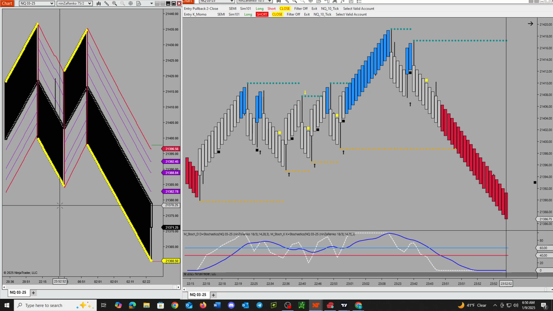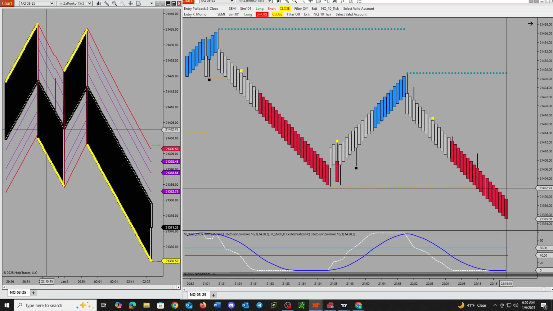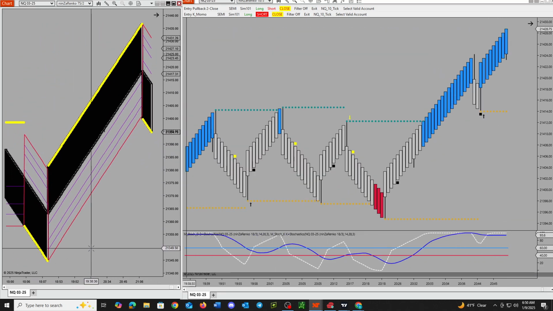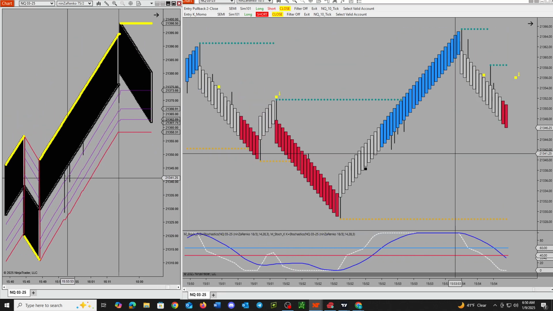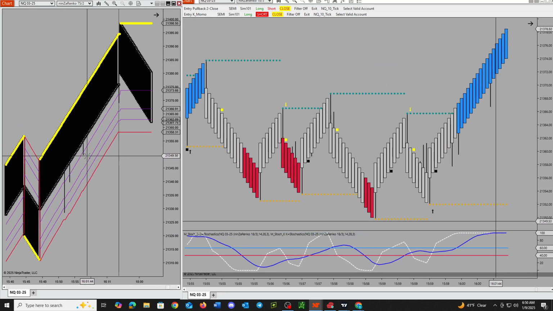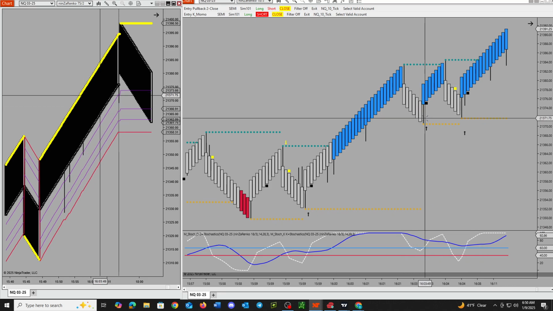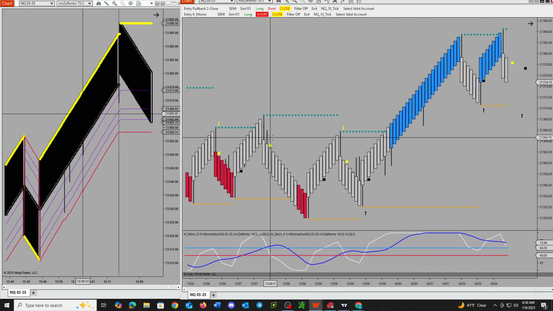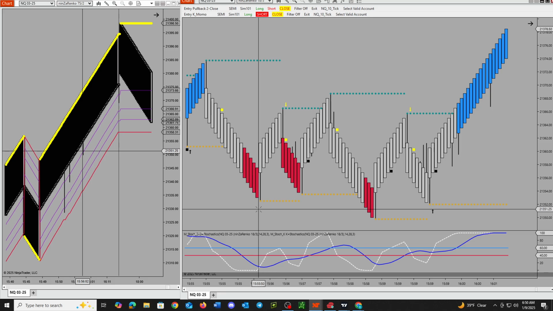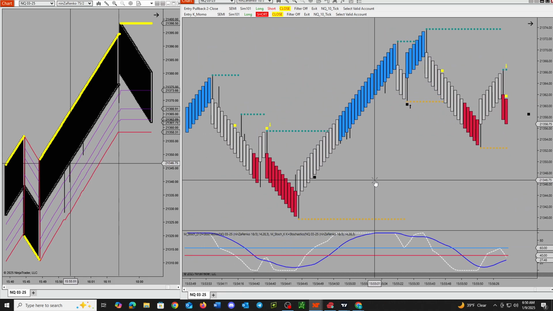But then you can look for that continuation pattern, the B4 jiggle, in the direction of the trend. Bearish and bullish. Yeah, all those B4 jiggles right there. Let's see. No jiggle there, just 1.